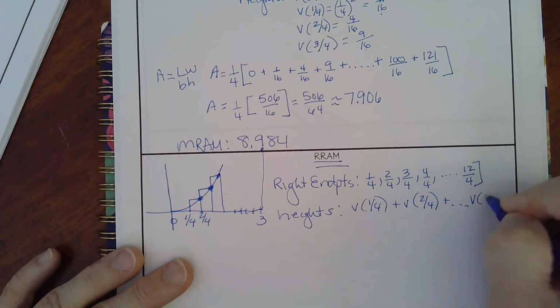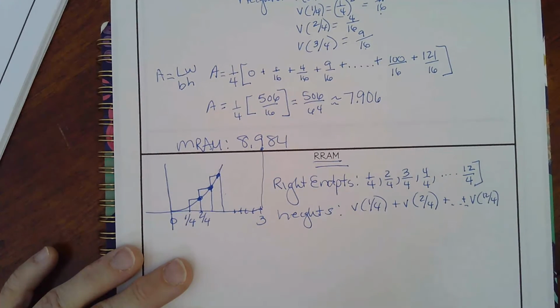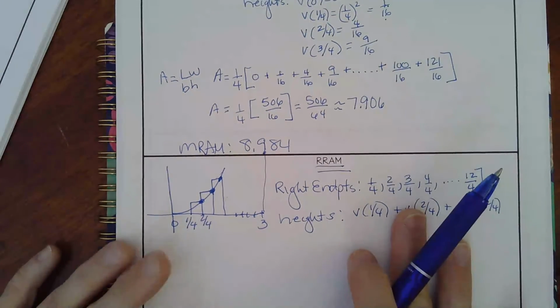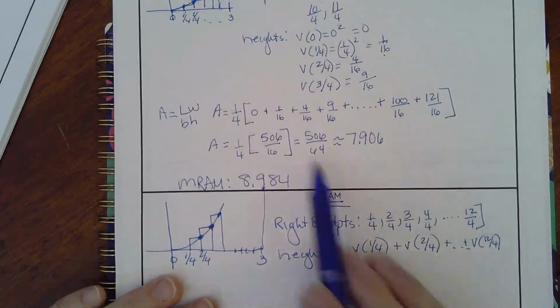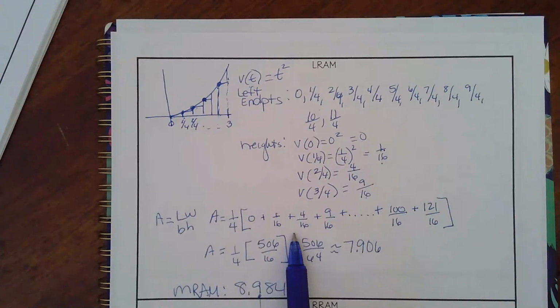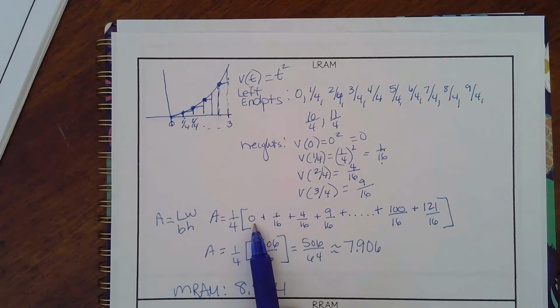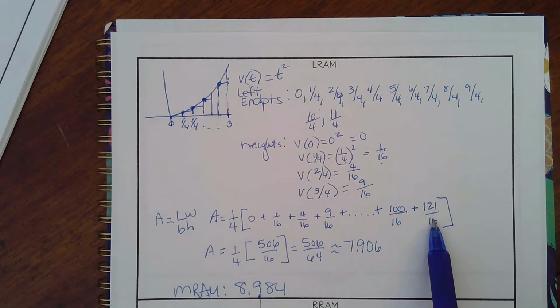So we'll evaluate V of 12/4. Those will be all of our heights. Well, we already have all of our heights from our left RAM. So this time we just don't start with 0, and we'll add 144 over 16.